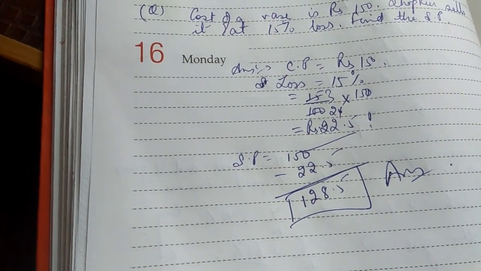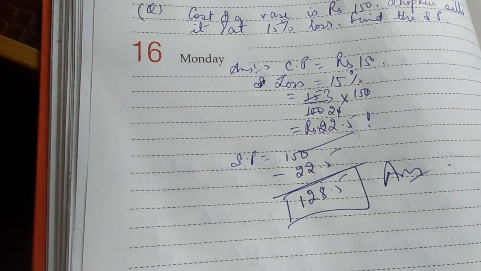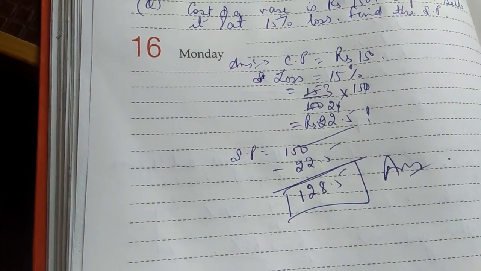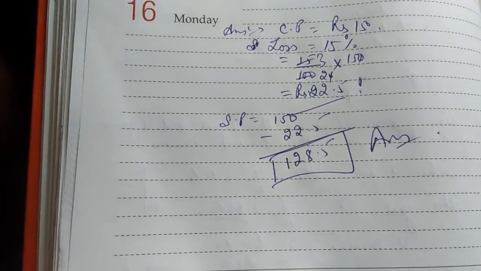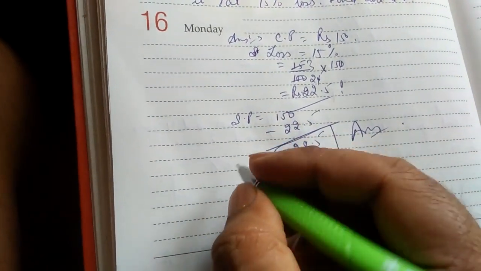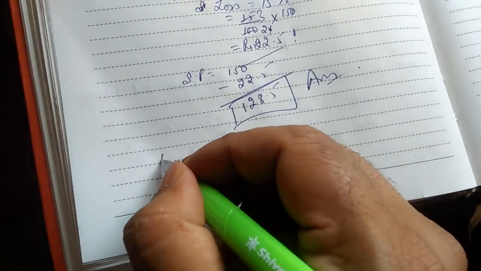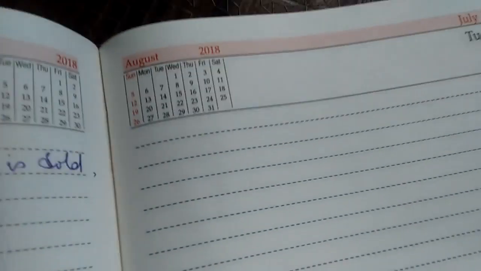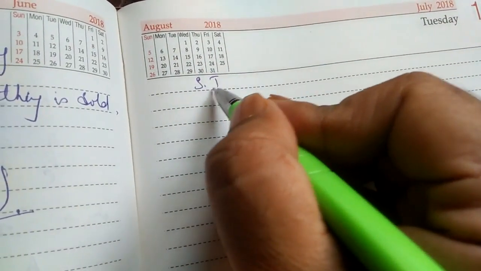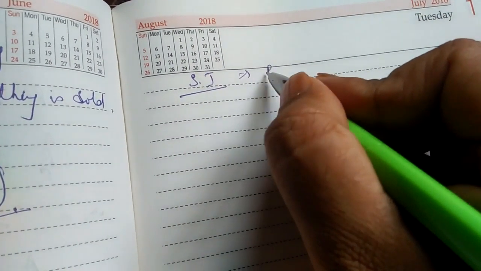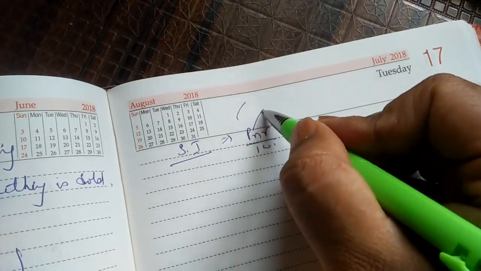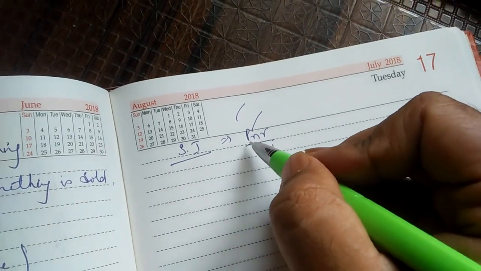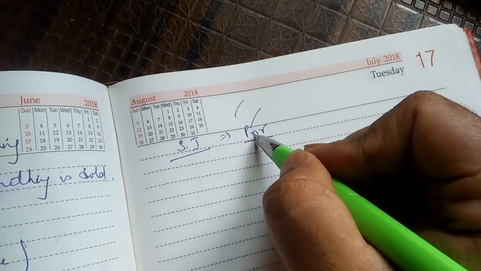Now we come to the next section, which is simple interest. Simple interest is simple enough. Simple interest is PNR by 100. P is principal, N is number of years. If it is in months, it has to be divided by 12 in order to convert it into number of years.